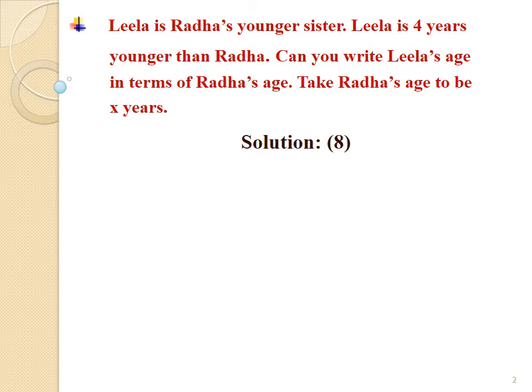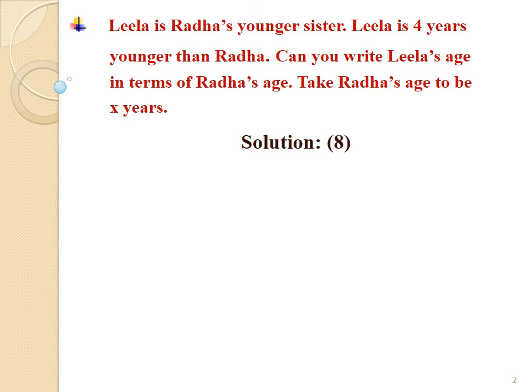Thus, we can say that Radha's age is variable. It means Radha can be 1 year, 2 years, 3 years and so on. Students, we have to use variable x for Radha's age, as it is clearly given to us: take Radha's age to be x years.